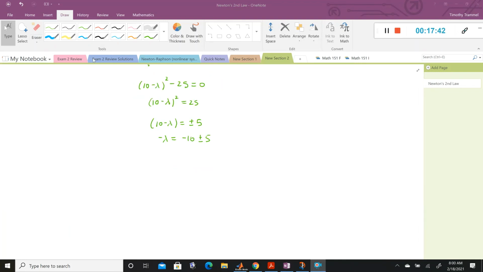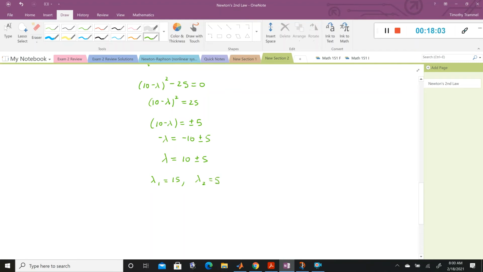Multiplying by minus 1 gives us lambda equals 10 plus or minus 5. So we get two different eigenvalues. We get 10 plus 5, which is 15, and we get another one, 10 minus 5, which is 5.